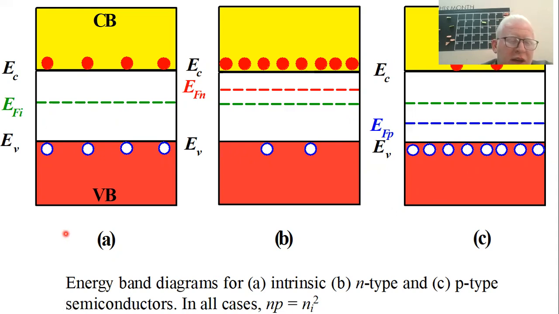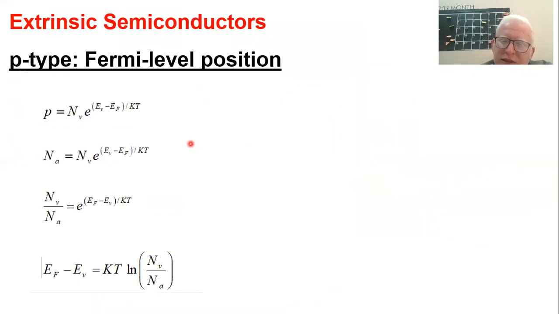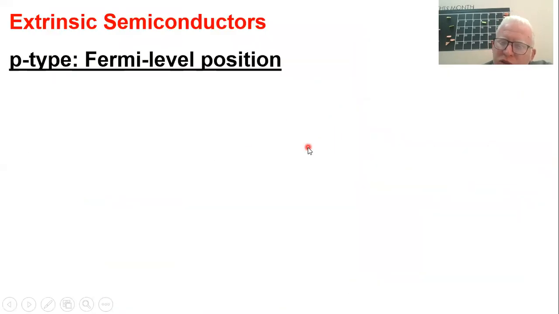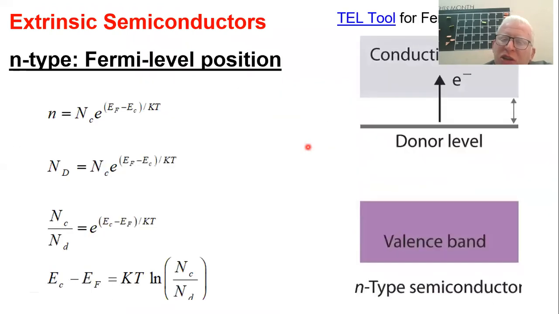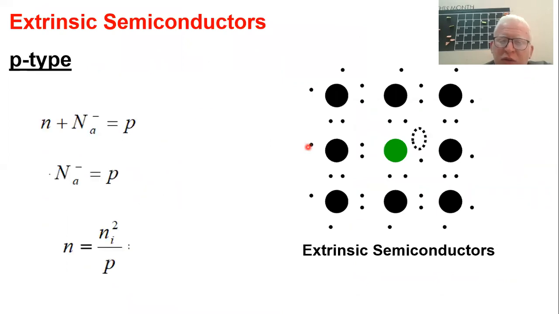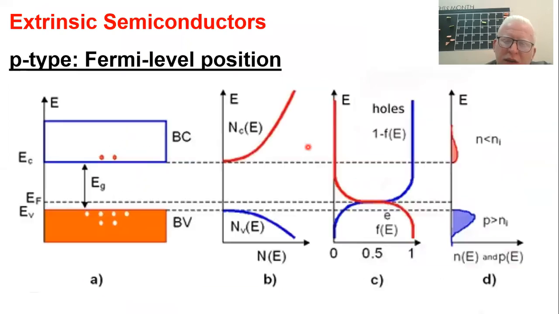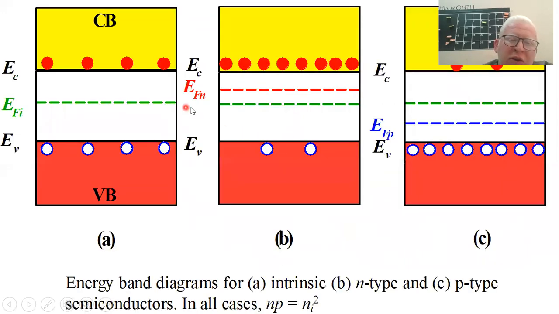Okay. Now, based on our previous knowledge, we can say that the Fermi level position is a function of doping. This is clearly observed here. When you increase the n-type doping, your Fermi level starts to go upward, while when you increase your p-type doping, your Fermi level starts to go downward.